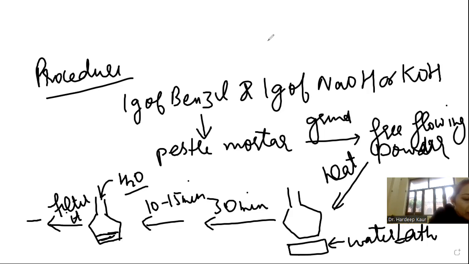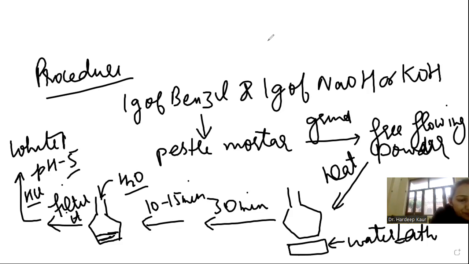After that, we will add concentrated HCl and check the pH of the solution. If it is acidified, it will be below 7. Once you get a pH of 5 to 6 on the pH paper, stop adding HCl, and you will get white precipitates.